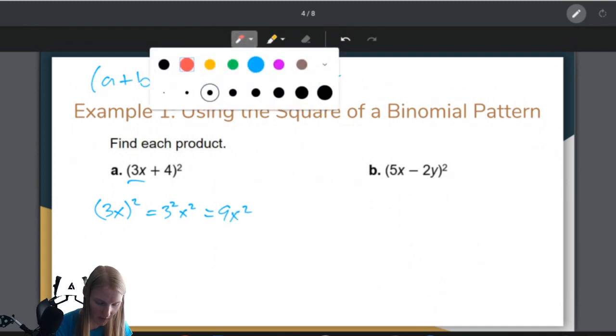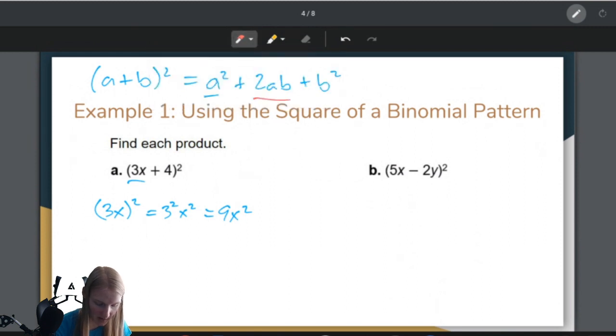Okay, more color coding, because why not? For this middle term, I need 2 times a times b. I'm going to say that again. 2 times a times b. What that means is 2 times the first term times the second term.